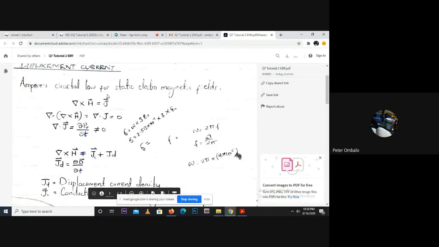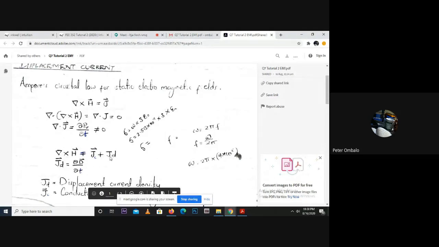But for time varying electromagnetic field, we know that the divergence of the current density is not equal to 0. This is from Minakumari. The divergence of the current density for time varying electromagnetic fields cannot be equal to 0. So for us to equate the two, like we were equating them up here, for us to keep equating them, we have to introduce a term. So now this term that we introduce is JD.